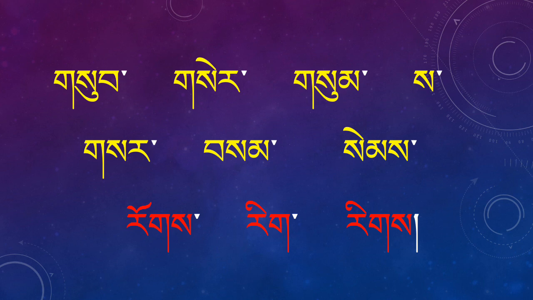Second line is Sar, Sam, Sem. And last line is Rok, Rik, Rik. So the last two words here are pronounced exactly the same.